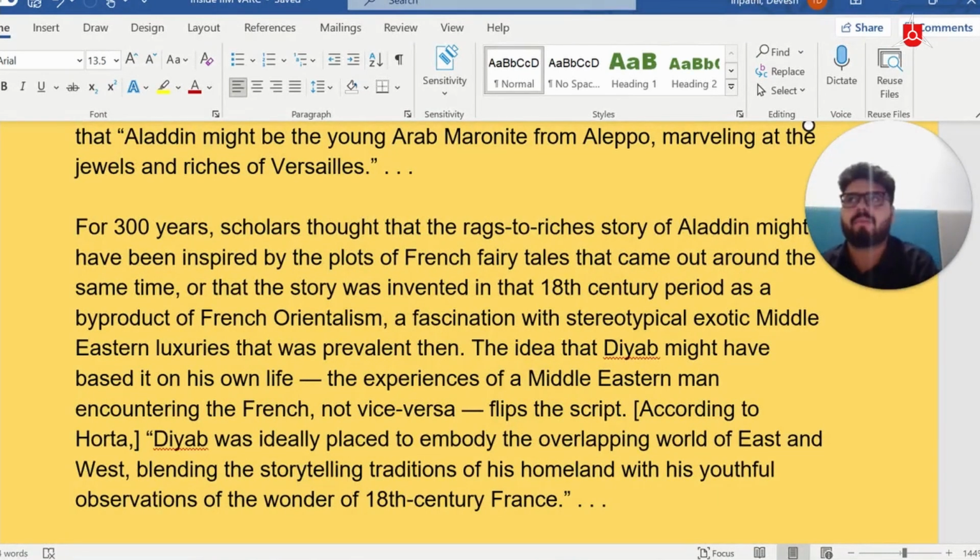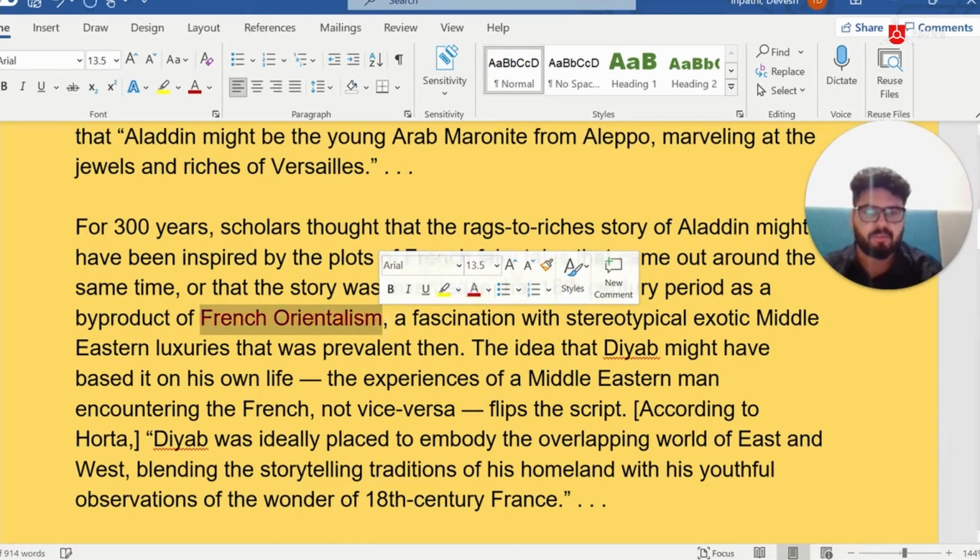Orientalism specifically means when a Westerner started taking a keen interest in Middle Eastern culture, or let's say extravagance. Now, the comma used over here is an important aspect, and for the grammatical portion also it becomes important. This is called noun apposition, and from here it describes what French Orientalism is: a fascination with the stereotypical exotic Middle Eastern luxuries that was prevalent then. This is known as French Orientalism.